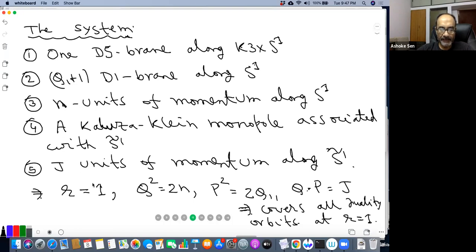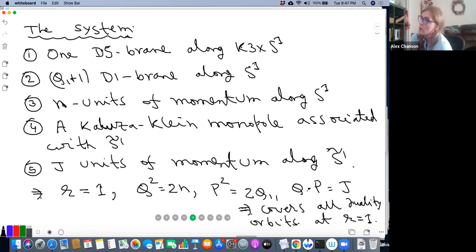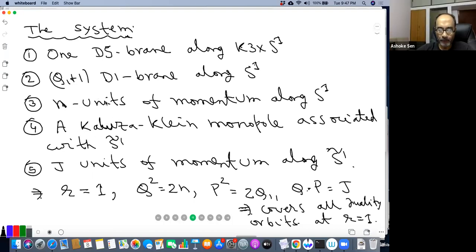And the reason that is difficult is because if you, for example, try to take multiple Kaluza-Klein monopoles, then it has a singularity when they coincide. 2 Kaluza-Klein monopoles in the moduli space, there is a singularity when the 2 Kaluza-Klein monopoles coincide, and that dynamics is not well understood.